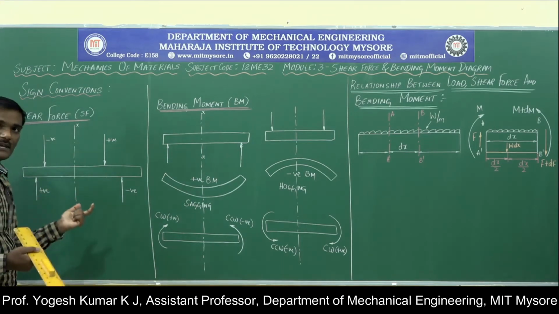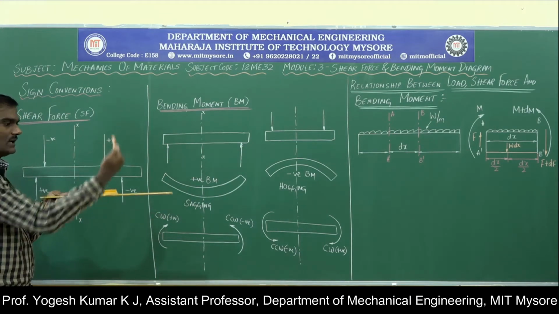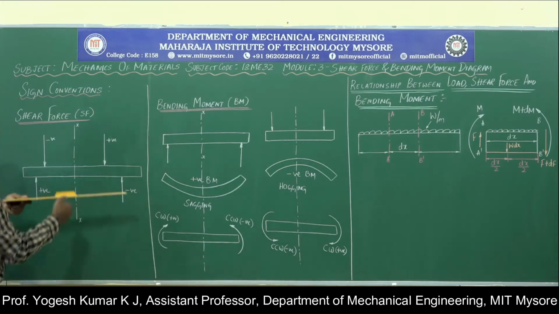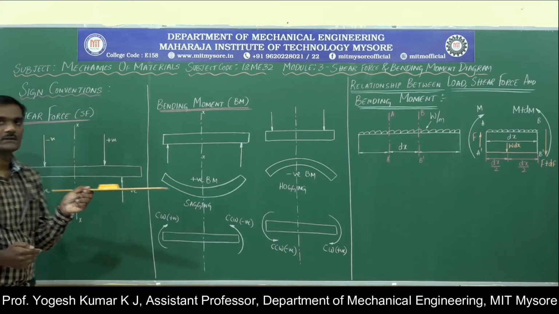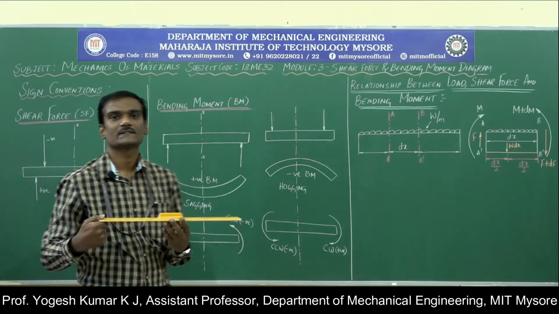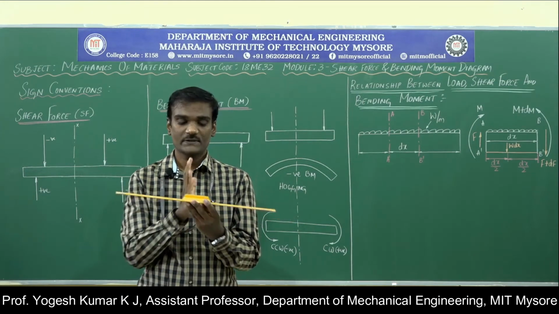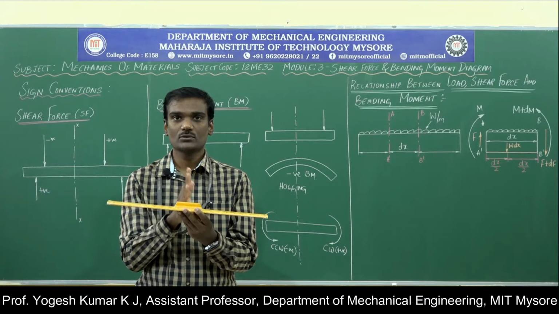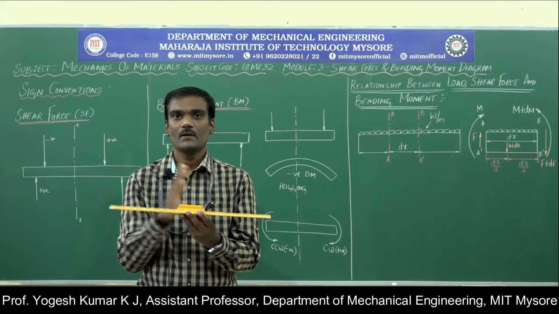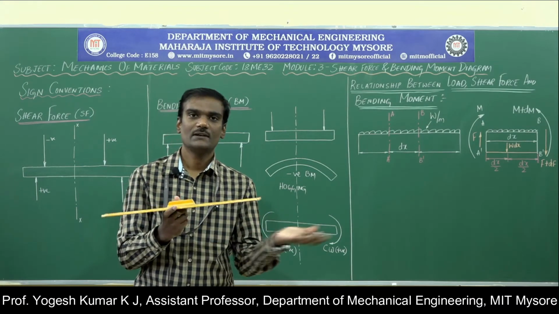We have selected a beam and we have assumed a section over here. The name of that section is XX. Now please observe, I have a section over here and the beam has got two ends with respect to that section. One is the right side end, another on the left side.